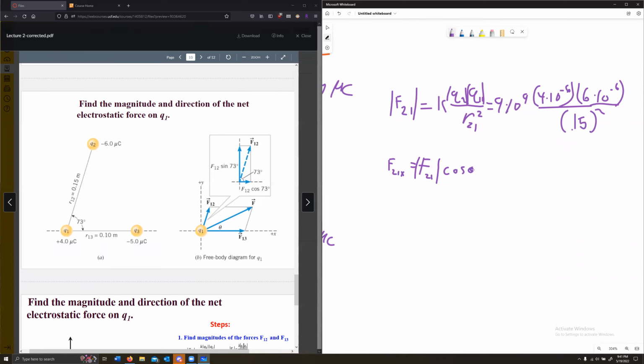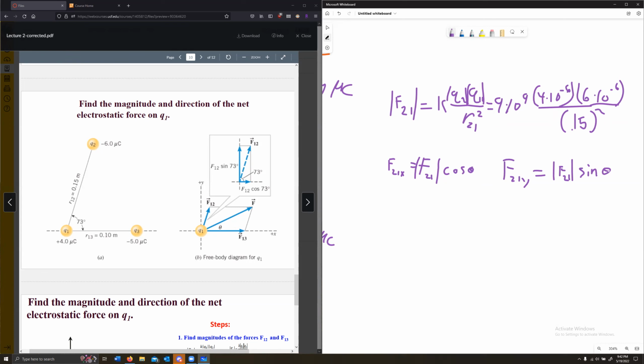And it's the same thing for Y: force 2-to-1 Y equals the magnitude of the force 2-to-1 times sine theta. You're absolutely right. Your answers should be in the X direction 2.81, and in the Y direction 9.18 newtons.